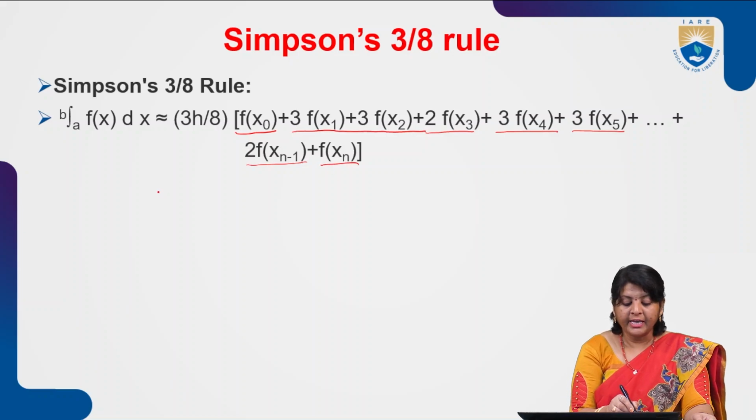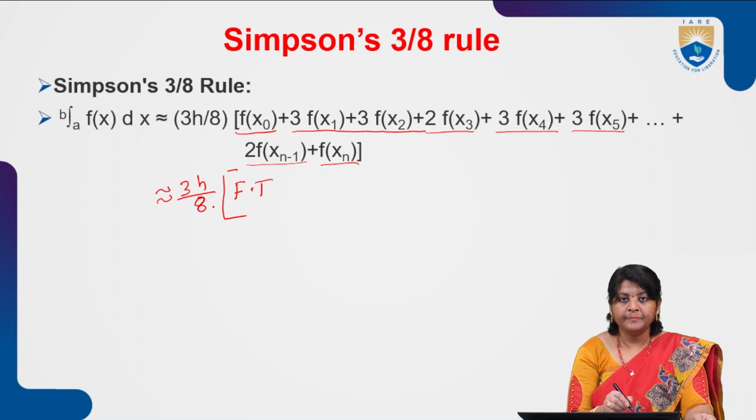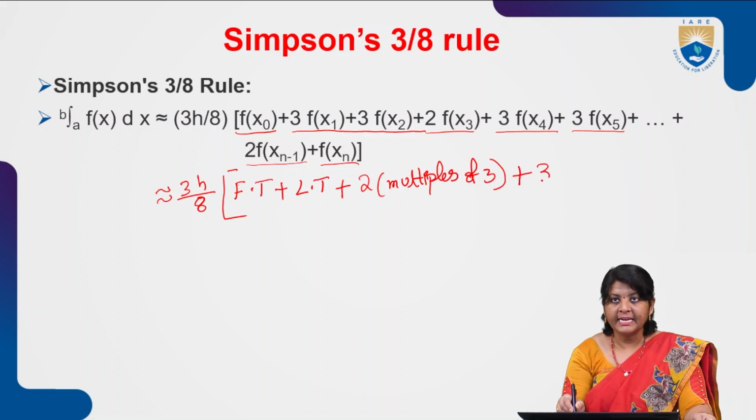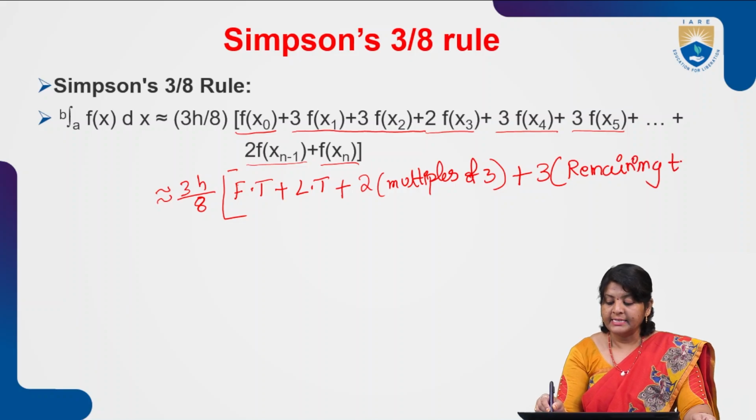In a shortcut way, we can consider this formula as 3h/8 into first term plus last term plus 2 into multiples of 3 plus 3 into remaining terms. In a shortcut way, you can remember the formula in this way.